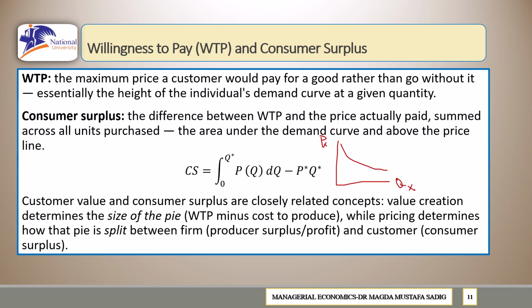So here is the market demand, that market price, equilibrium price. But the consumer is willing to pay more. For example, he wants to pay this one. So this area is called consumer surplus.